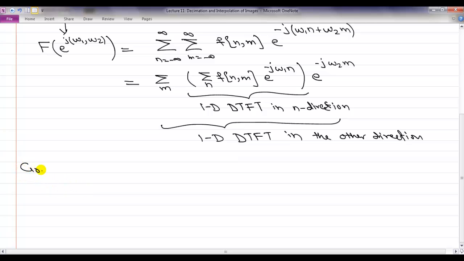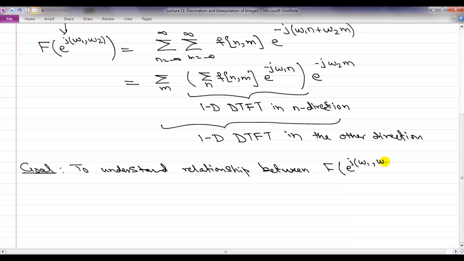So that's just a detour, but what we really want to now understand is the relationship. So goal is to understand the relationship between the discrete Fourier transform of the sequence that we obtained from sampling and the continuous Fourier transform of the continuous signal that we started with.